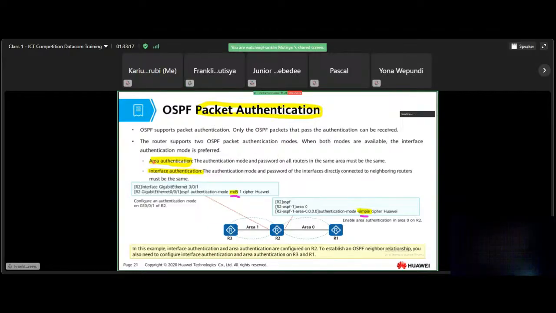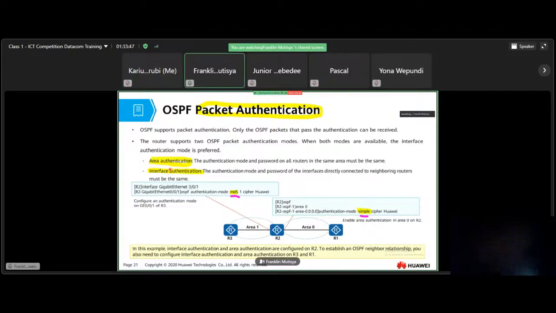So we have interface authentication and area authentication. We have two types of OSPF authentication. We have plain text. Sorry, plain text doesn't mean there is no password.